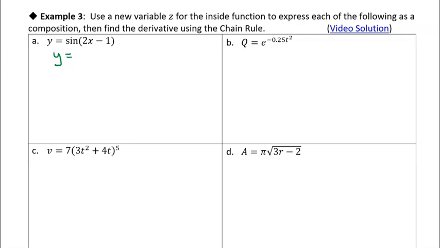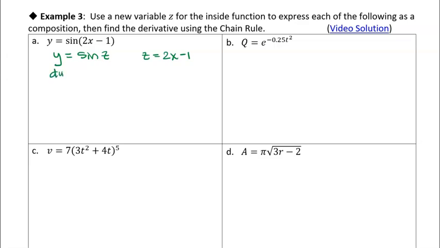I can see a sine on the outside with a 2x minus 1 inside of it. So I'm going to make y equals sine of z, and I'm going to make z the inside function, 2x minus 1. I'm just pulling those two functions apart so I can see the inside and the outside function.